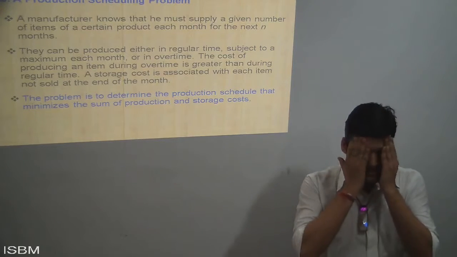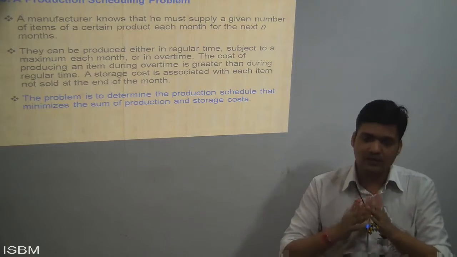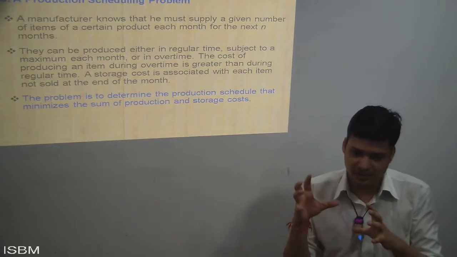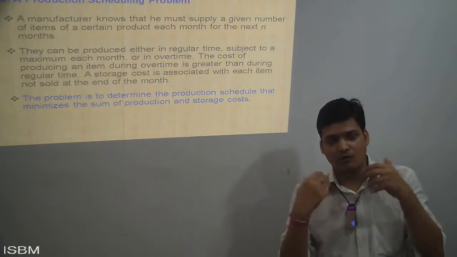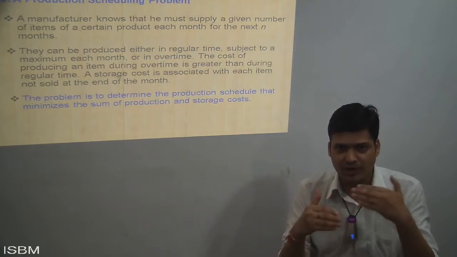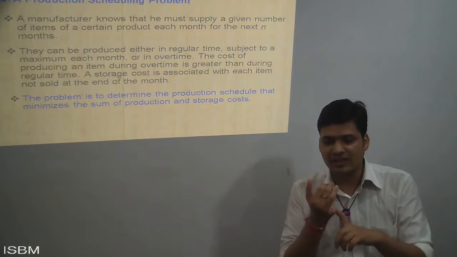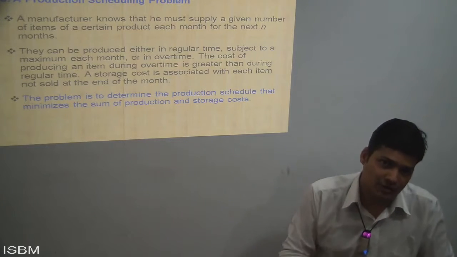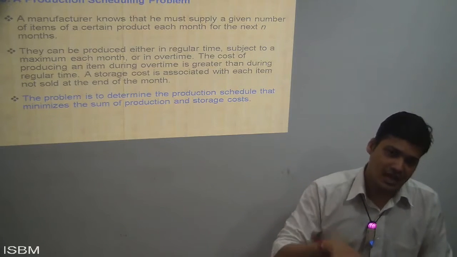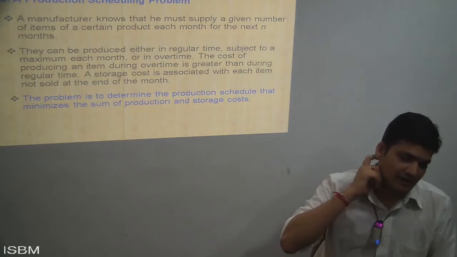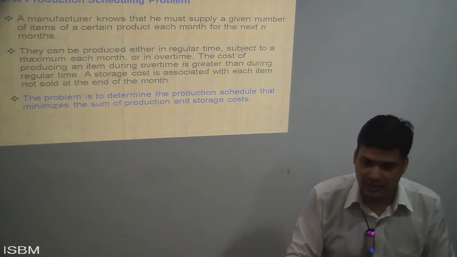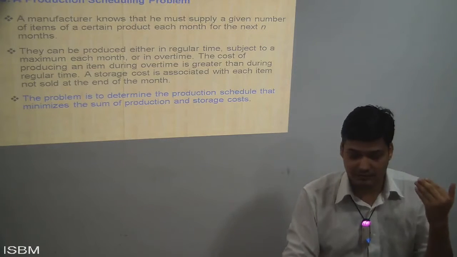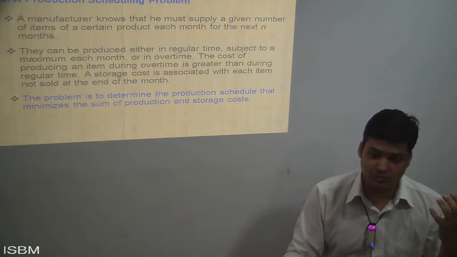See, actually this is a somewhat different example. Here they want to maximize the number of items or products each month. How can we maximize our product? Either we run on a regular basis, or we work overtime, and with the help of overtime we can maximize our number of products. But if the number of products increases, we may not have a storeroom to store them.